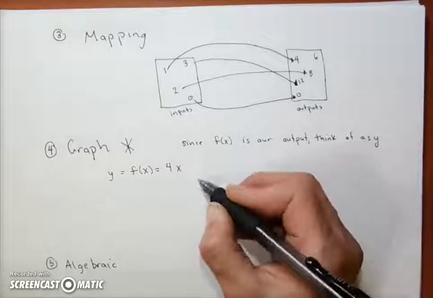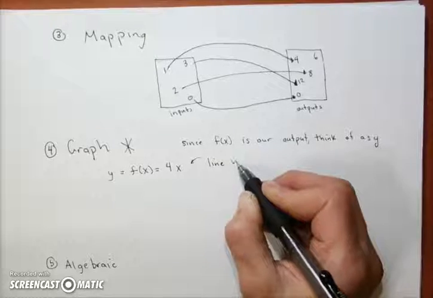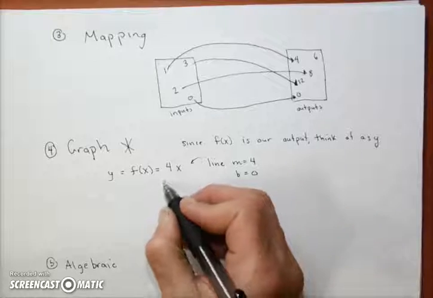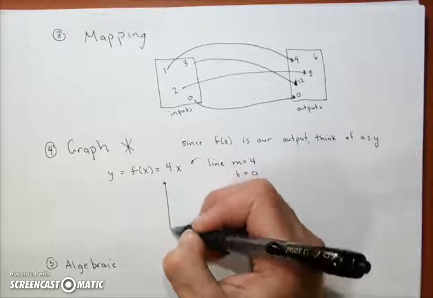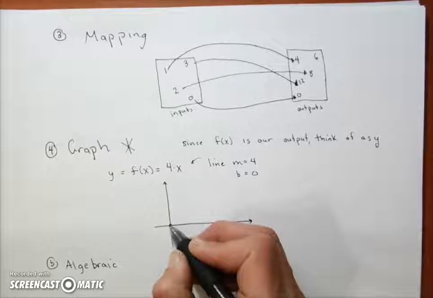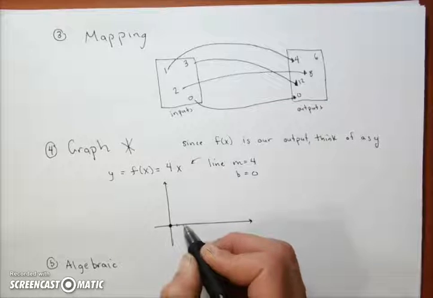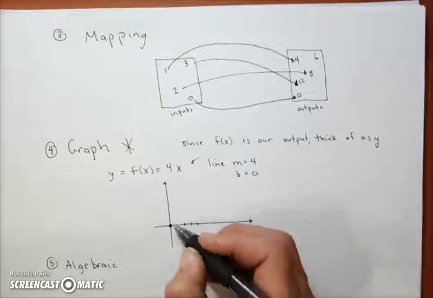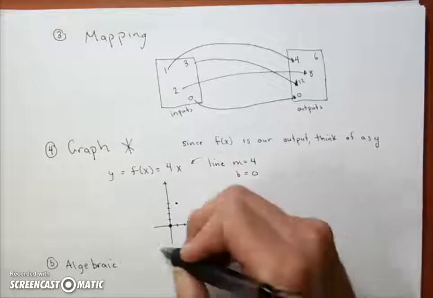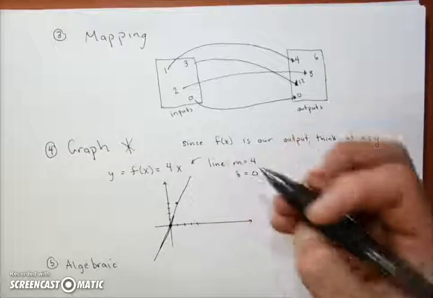This is just the equation of a line where m equals 4 and b equals 0. So we can graph this line. Since b equals 0, the y-intercept is there. And since m equals 4, then as I go over 1, I must go up 4. So that gives me another point. Oops, didn't graph that very well.